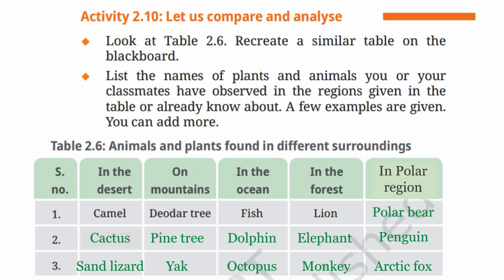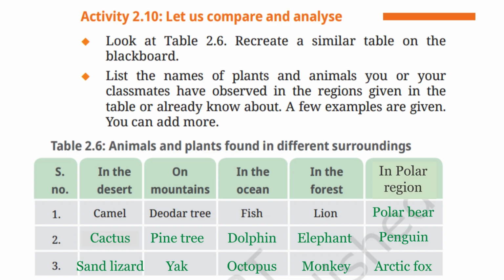Now, let us compare and analyze in activity 2.10. Look at table 2.6. Recreate a similar table on the blackboard. List the names of plants and animals you or your classmates have observed in the regions given in the table or already know about. A few examples are given, you can add more.